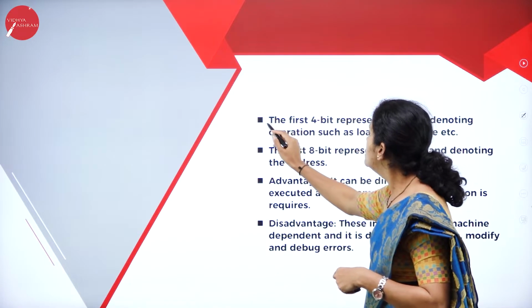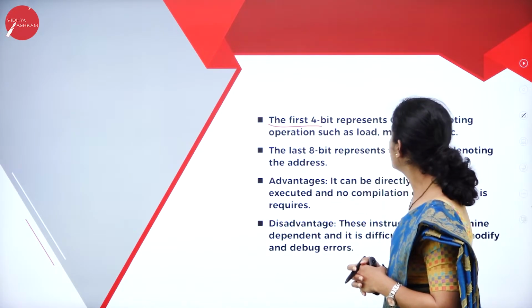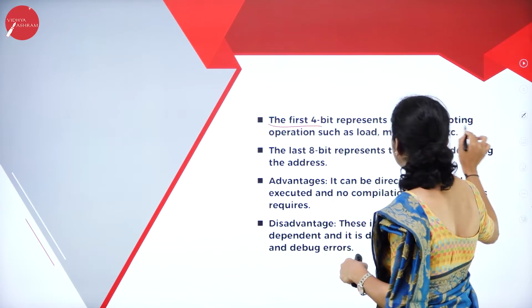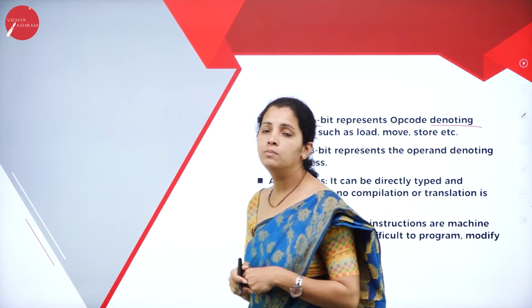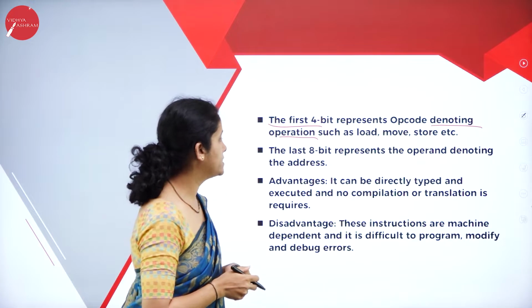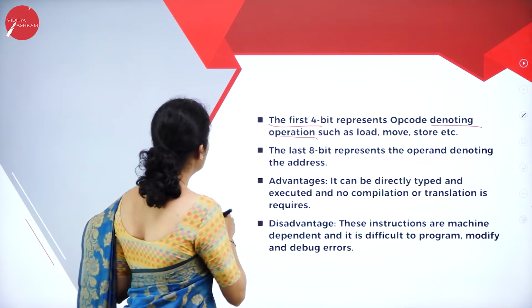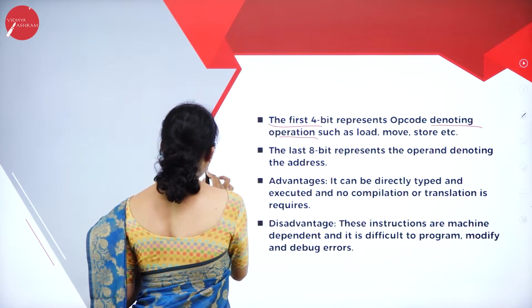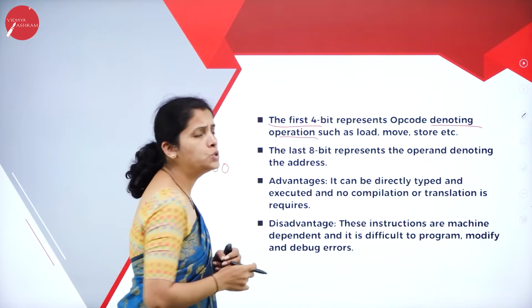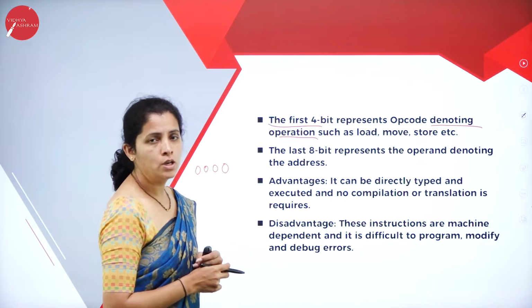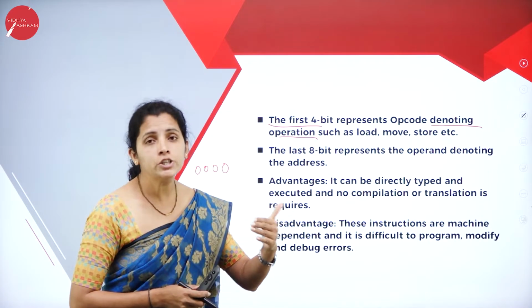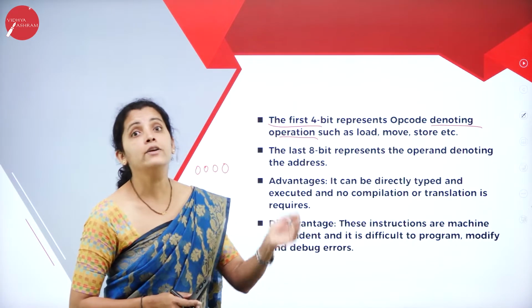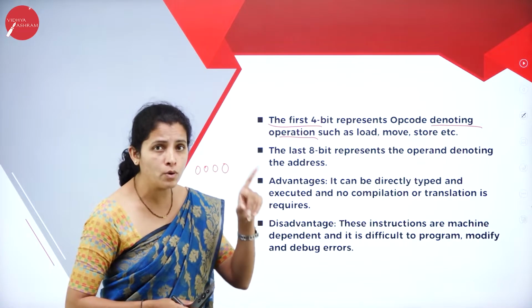The first 4 bits represent the opcode, denoting operations such as load, move, store, etc. According to the example, the first 4 bits are used to represent the opcode. What is opcode here? Opcode is nothing but operation code. That means what kind of operation we are going to perform.